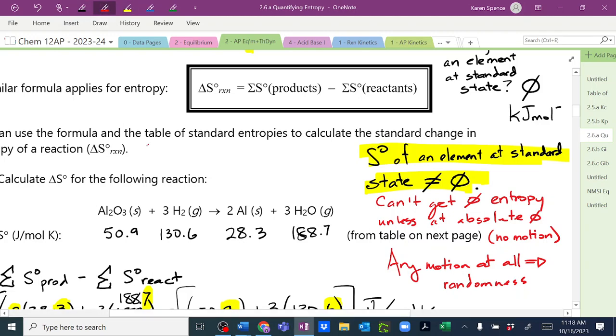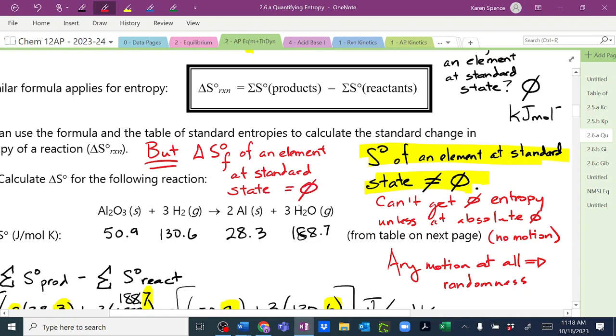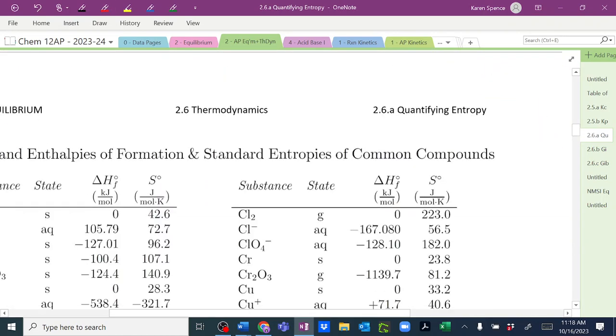So I'm going to write in here, but delta S naught formation of an element at standard state equals 0 is good. But our formula does not use delta S of formation. It just uses S naught. Is good? Okay, cool. So we got through there.